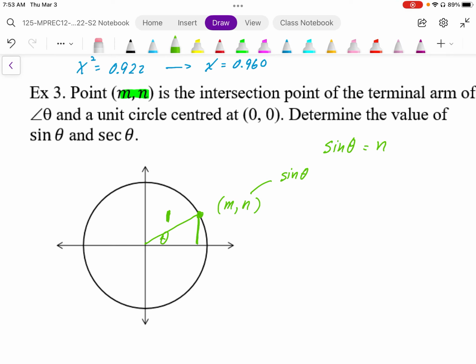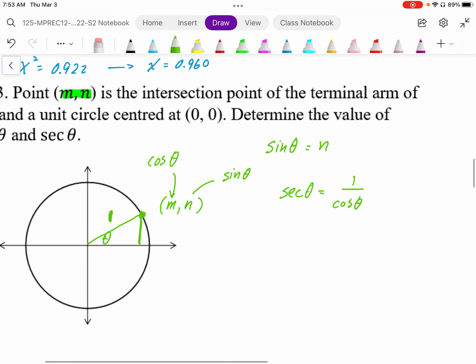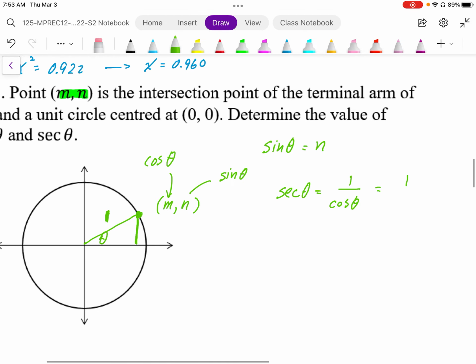We know that this position here is going to be cosine theta, and secant theta is going to be 1 over cosine theta. So that's just going to end up being 1 over whatever that length m is. So sine theta and secant theta.